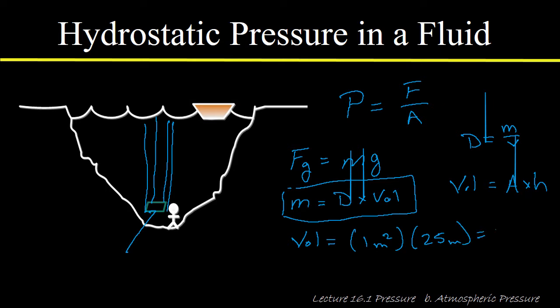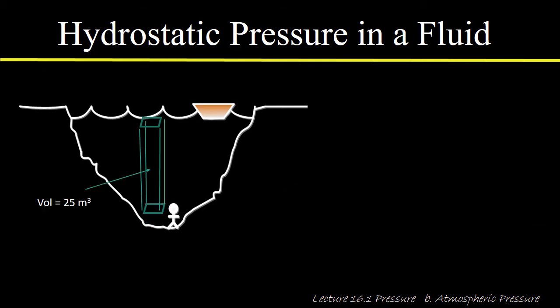So the volume is 25 meters cubed. All right, so we have determined that the volume of this hypothetical rectangular prism is 25 cubic meters.